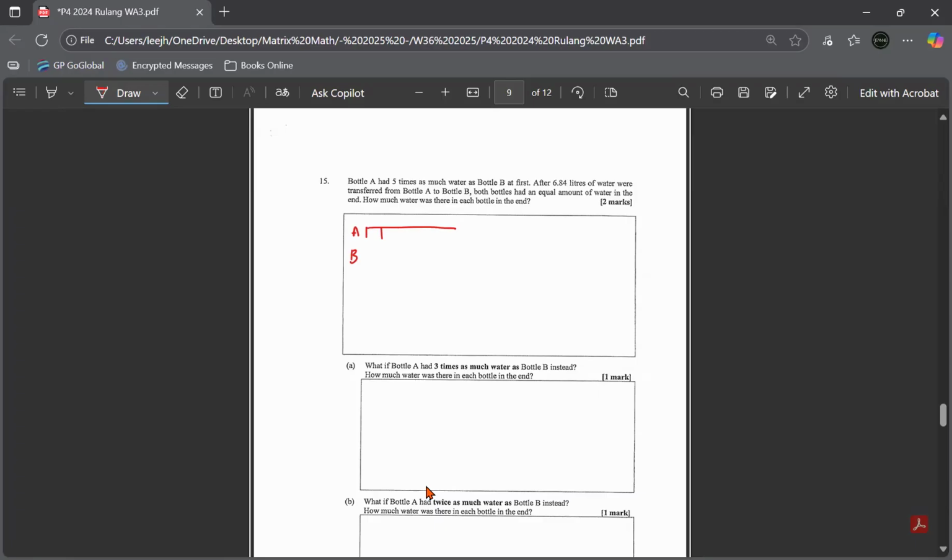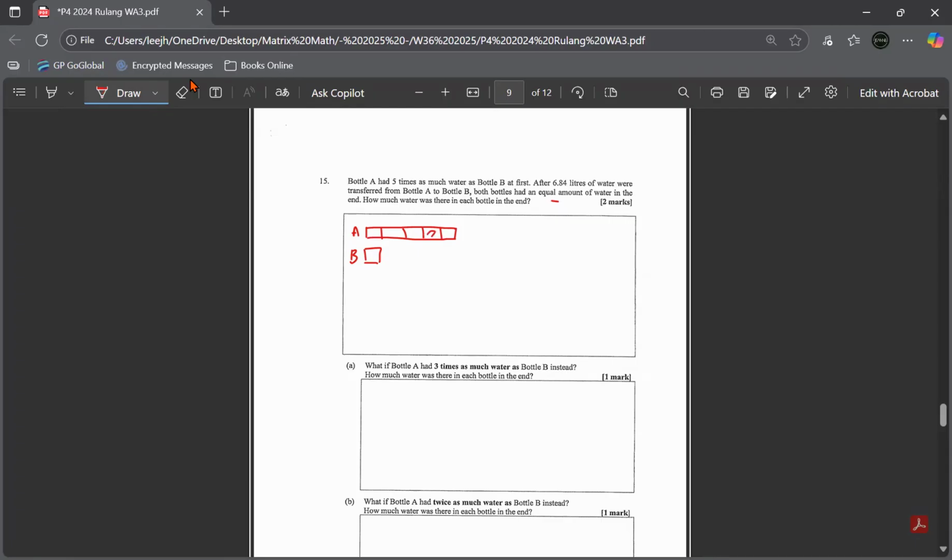So A is 5 units, B is 1 unit, right? And I know that after I transfer 6.84, both bottles will have equal amount. So what does it mean? The difference is 4 units, which means in order to make them equal, how many units must I shift down to B to get equal for both bottles?